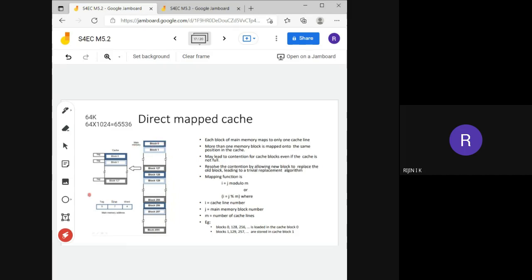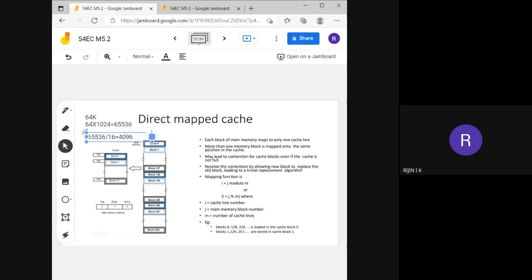That means we divide the entire main memory into blocks, and each block contains 16 words. The total size of the main memory is 64K, that is 65,536 words, divided into 16-word blocks. So how many blocks will we get? 4096.